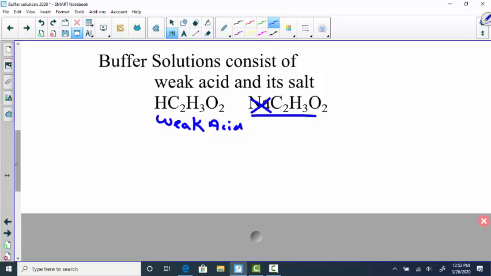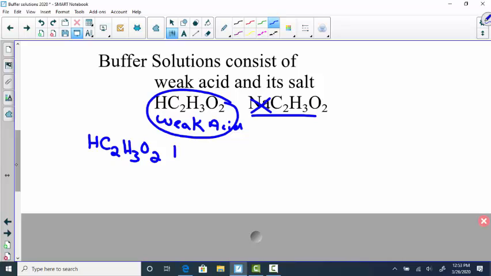So if you were to write out the equation for this, and I highly encourage you to do that, we always start our equations for buffer solutions with the acid, okay? I very rarely say always, but that's an always in this case. So you'll never start with the salt.